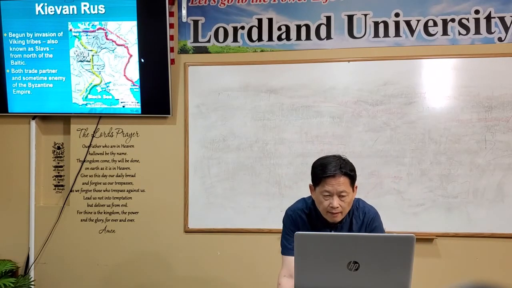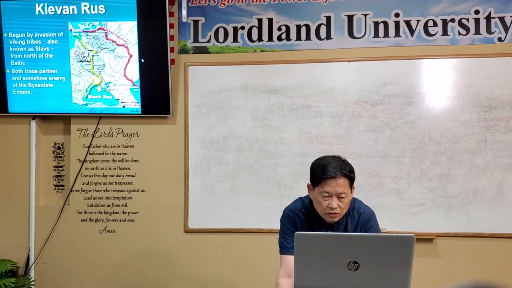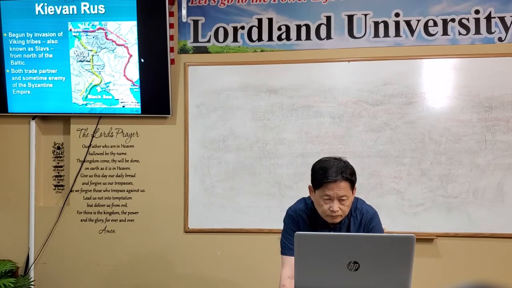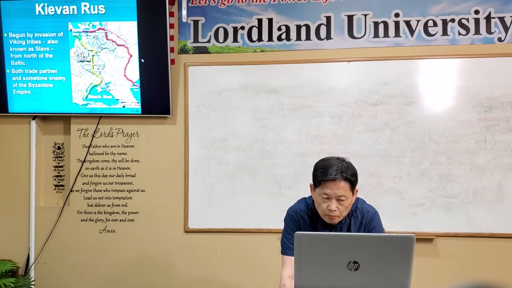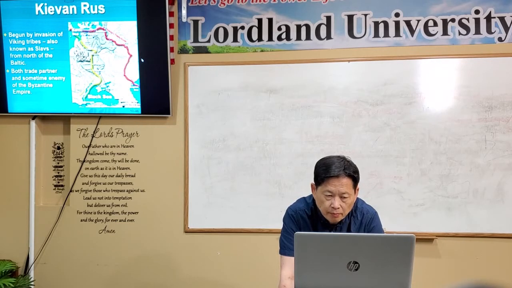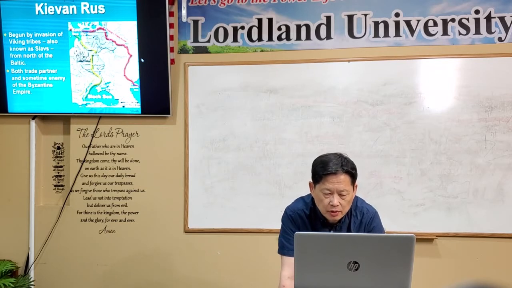Okay, this map shows the Kievan Rus. Kievan Rus begun by the invasion of Viking tribes from north of the Baltic Sea.